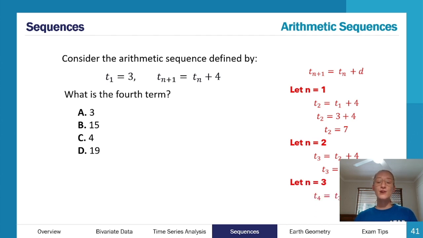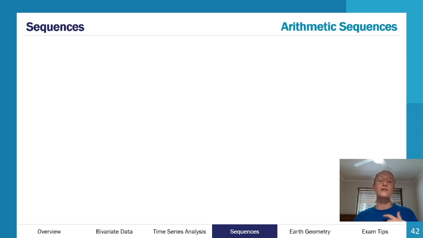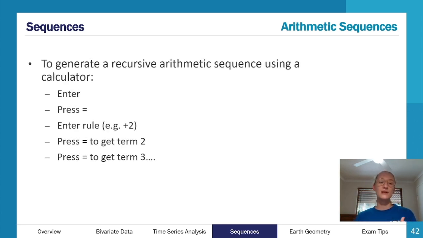And to find our fourth term, we take our third term, add another 4, and it gives us 15. So again, this is the formula to make it official, but all we're doing is adding 4 each time. We're taking the current number and adding 4 to find the next number.